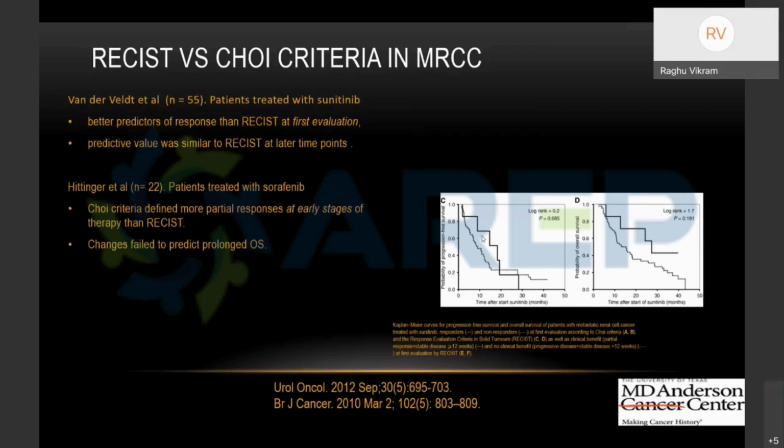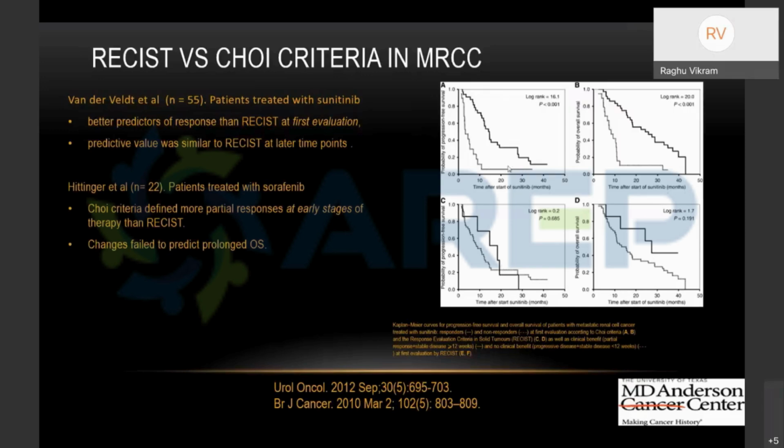You can see the dark line is responders, and the dotted line is non-responders. Very similar flow, but then once you use CHOI criteria, there is more of a difference between the two graphs. So you would be able to predict who is responding and who is not responding if you use these kind of functional criteria more than just the anatomic criteria, right?